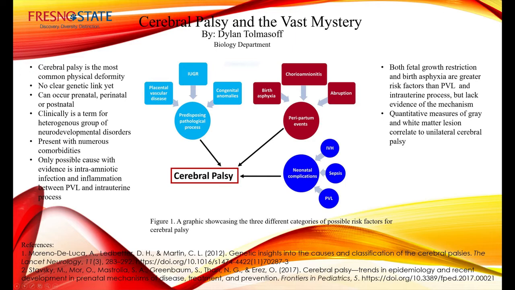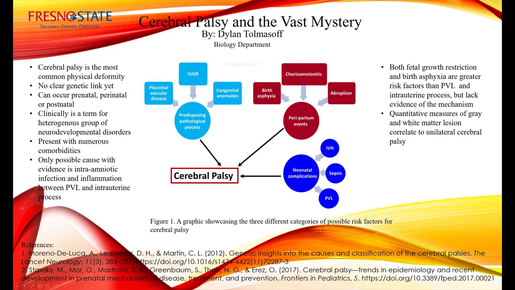Risk factors of cerebral palsy include congenital malformations, fetal growth restriction, multiple gestations, infection during the fetal or neonatal period, birth asphyxia, preterm delivery, untreated maternal hyperthyroidism, perinatal stroke, and thrombophilia.